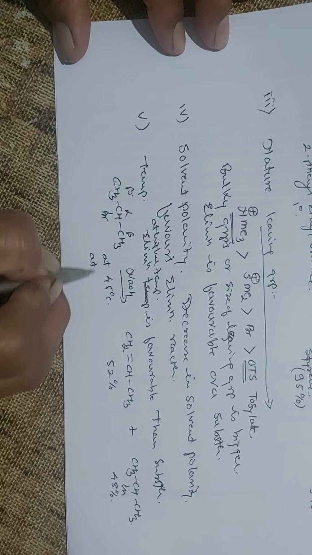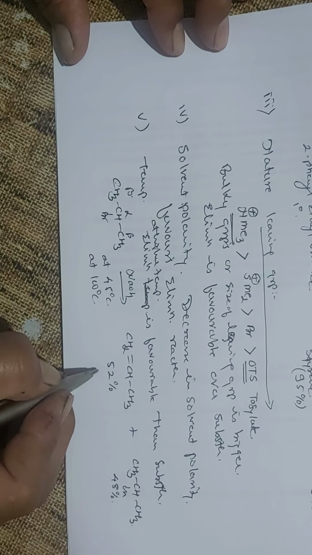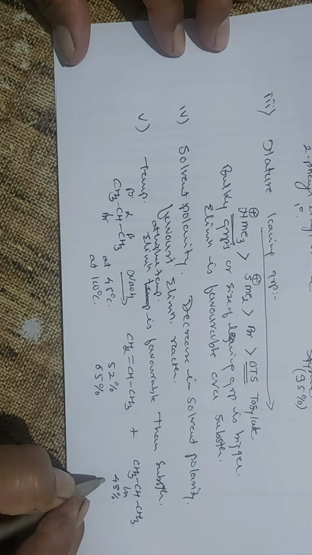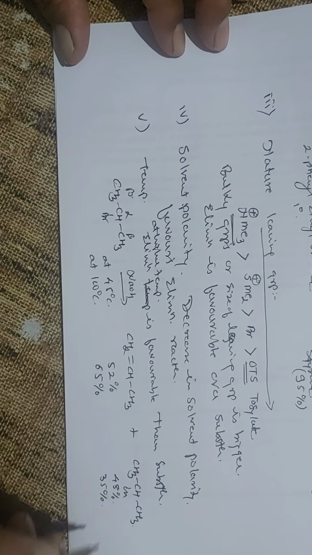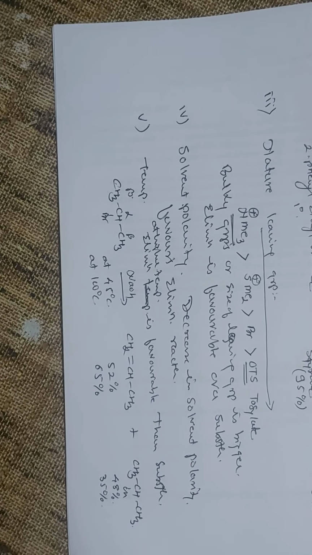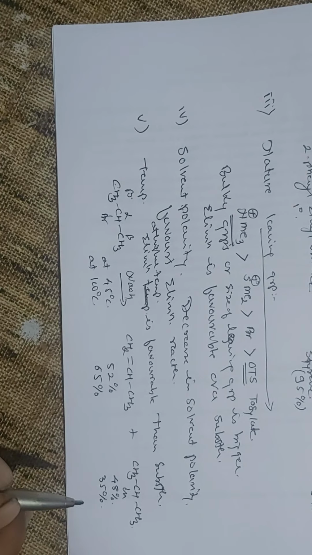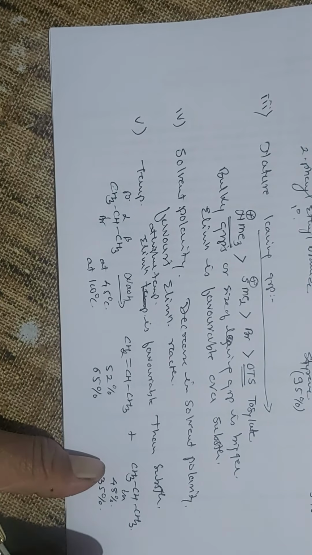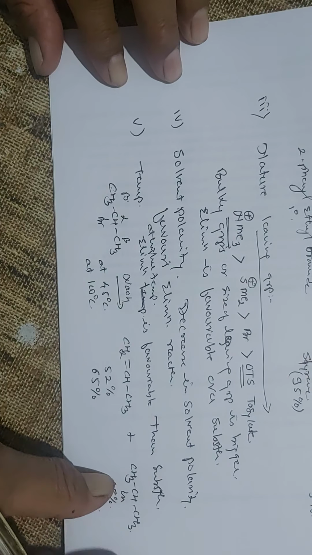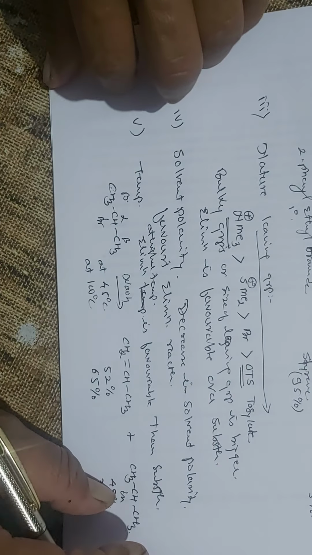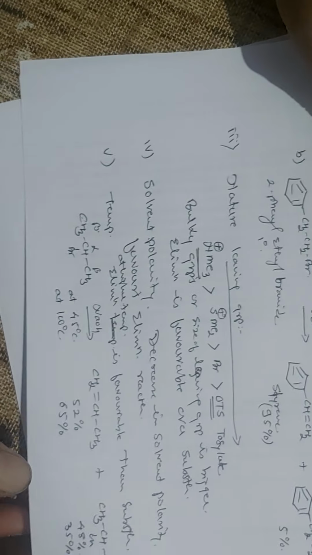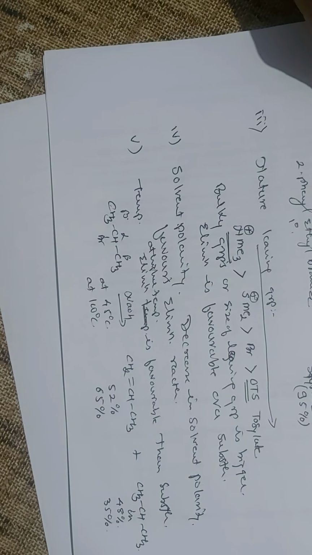Whereas at 100 degrees Celsius, the elimination reaction gives 65% product and 35% substitution product. So as the temperature increases, elimination is more favorable than substitution. In this way we can again compare with the SN1 and SN2 mechanisms. So thank you very much. We will discuss it in the next lecture.